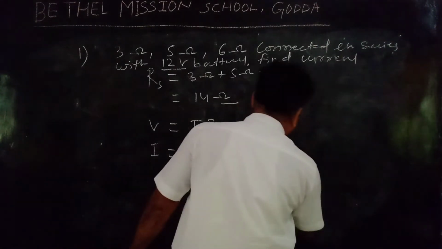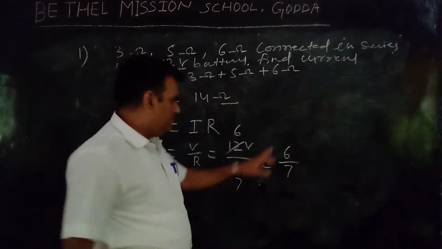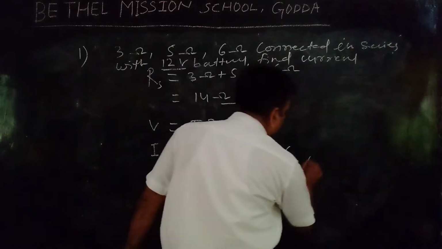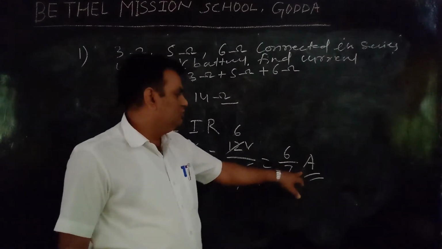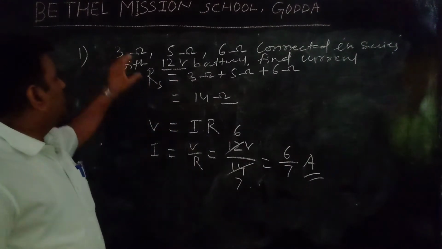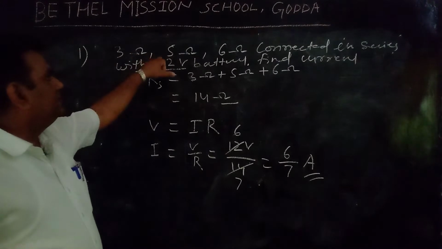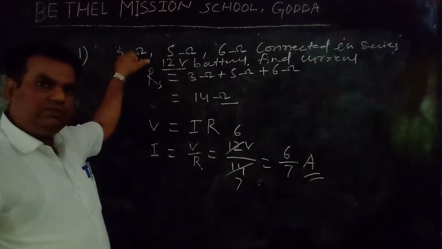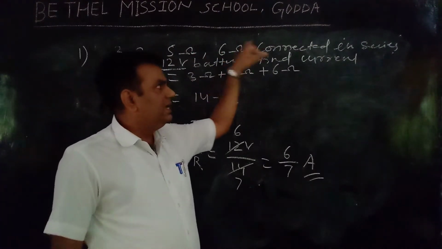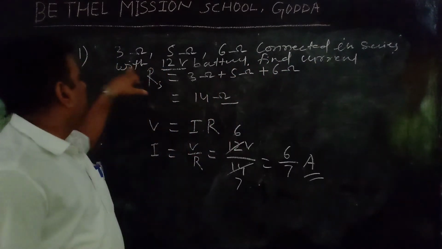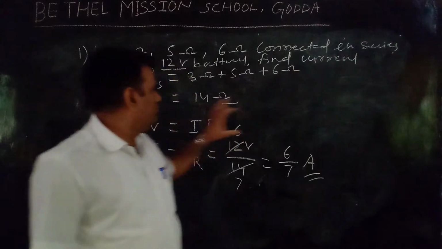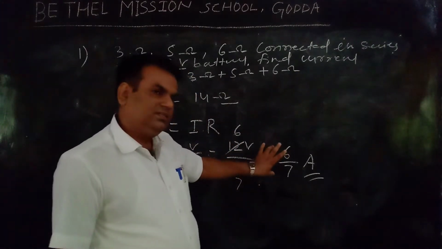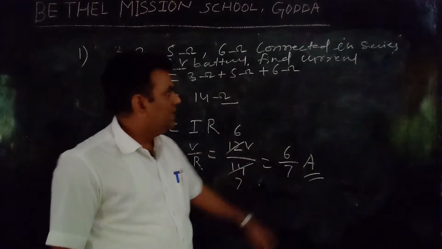It becomes 6 upon 7 ampere, because ampere is the unit of current. So if three resistances of 3 ohm, 5 ohm and 6 ohm are connected in series with a 12 volt battery, the current flowing through the circuit is 6 upon 7 ampere.